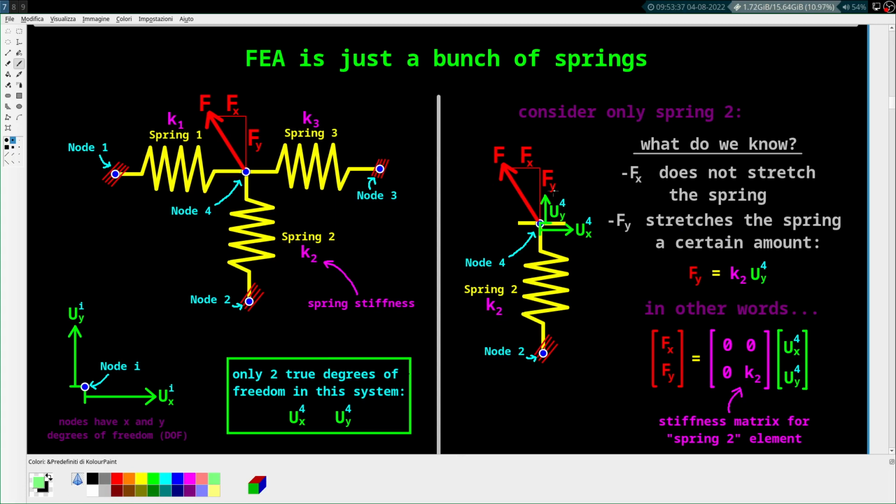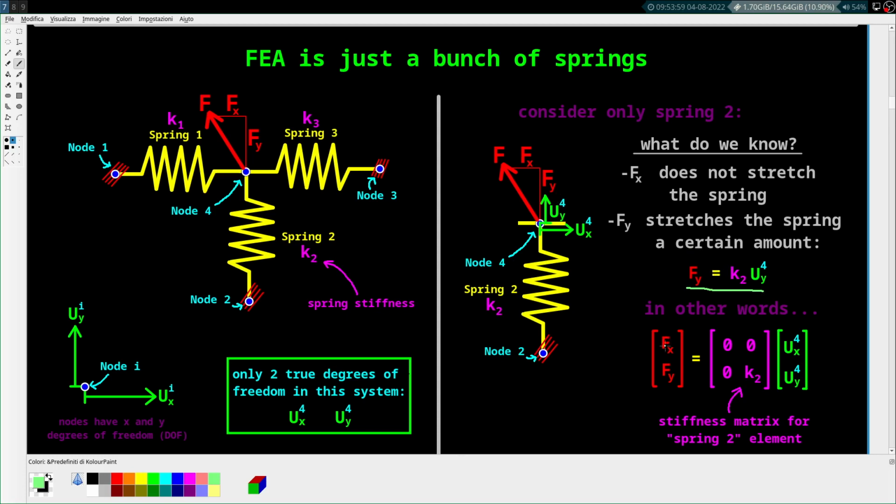you cut off springs 1 and 3 right here, and you look at how this thing works. What do we know? We know that Fx, the horizontal component, does not stretch the spring, but Fy does. Fy is along the axis of the spring, and therefore it is stretching the spring. And how much does it stretch? Well, based off of Hooke's law, F in the y direction equals k for that spring times the displacement in that direction.